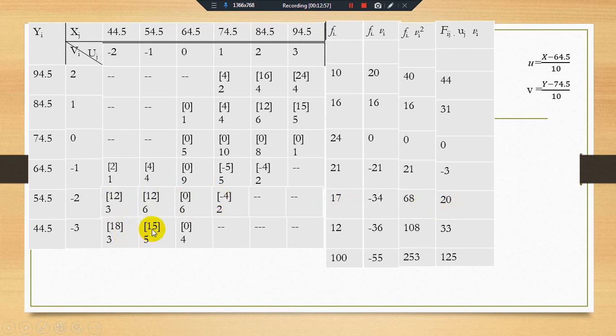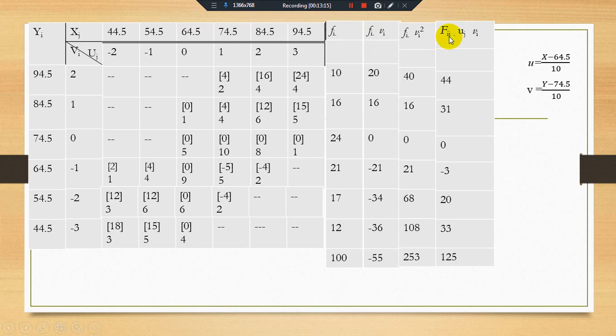And 18, 15, 0, we get 33. And the sum of FijUjVi is 125. Okay, here we find Fi.